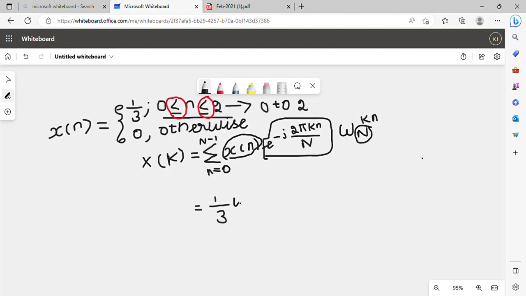So what I have to do? I need to keep this omega n as it is. Then I have to substitute, here k is equal to 0 to n minus 1.